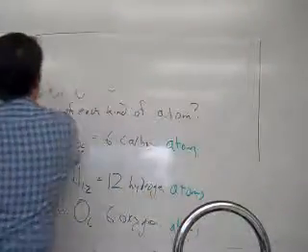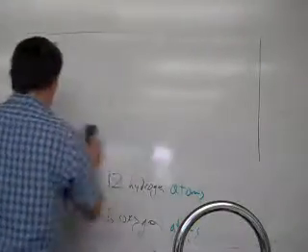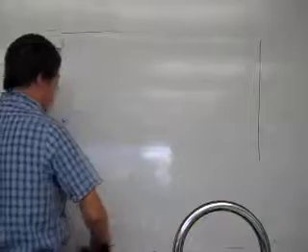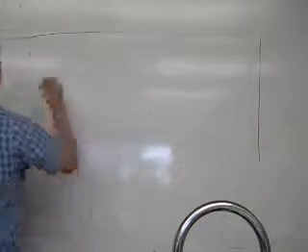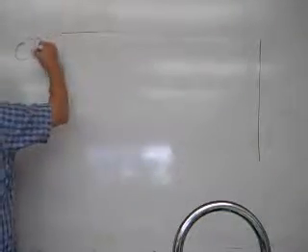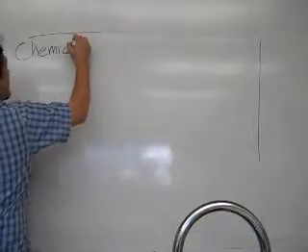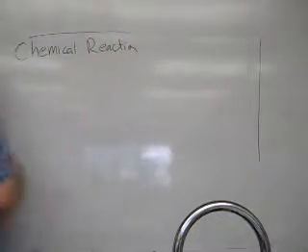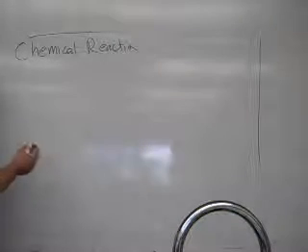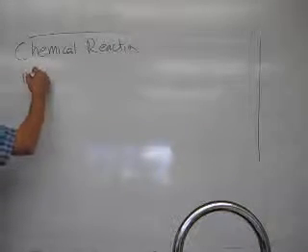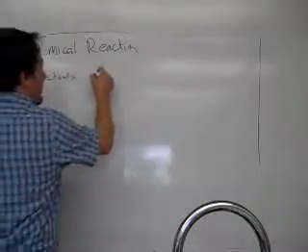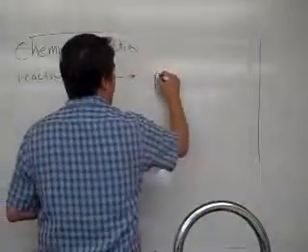Last thing, folks. Sometimes one thing changes into another thing. And in order to understand that, we write a chemical reaction. A chemical reaction is when you have reactants become product.